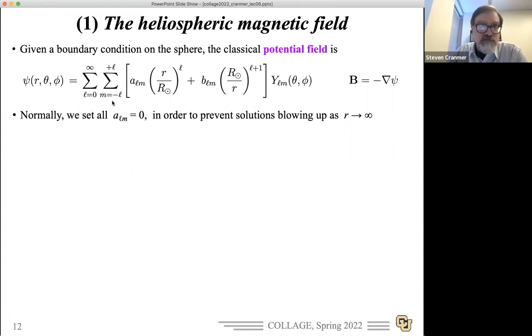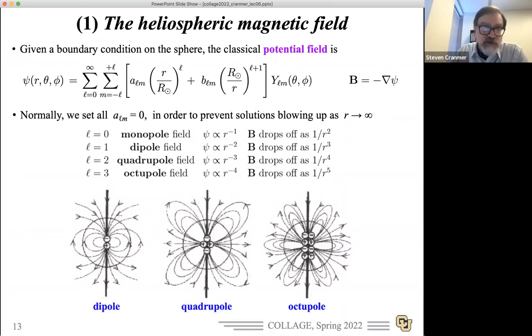If you go out to large enough number of terms in these series, and I'm sure you've seen these before. For different values of L, these different things have names: monopole, dipole, quadrupole, octopole, and you've seen what they look like. We know there are no strict magnetic monopoles, so normally the L equals zero terms are set to zero.